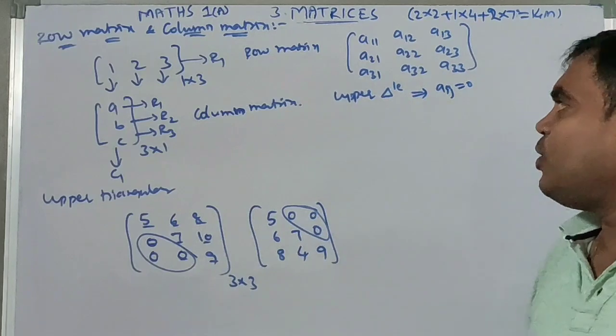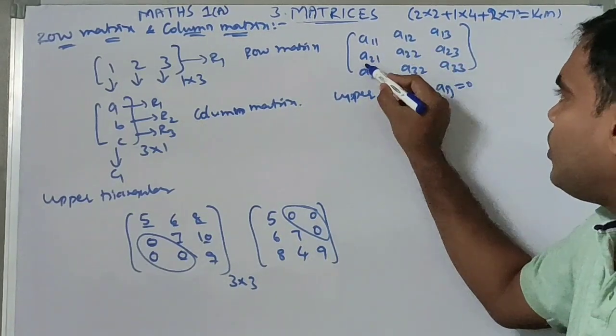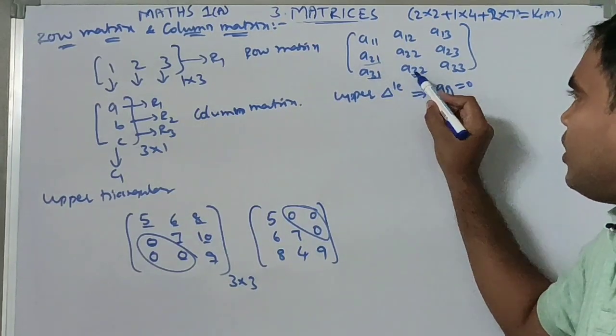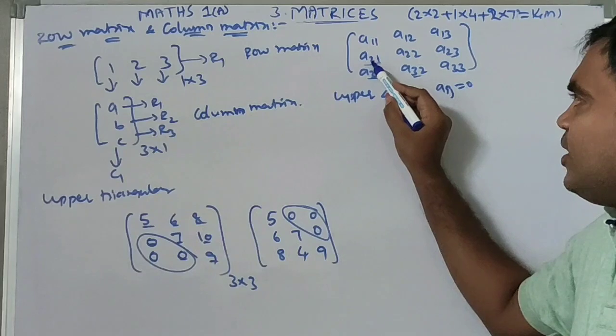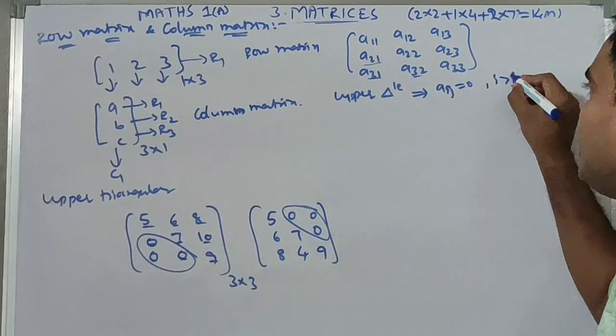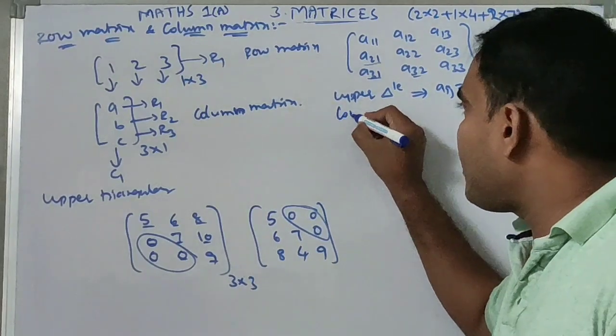Which elements should be 0? For upper triangular, the elements below the diagonal are 0: this one, this one, this one, that is 2,1; 3,1; 3,2. So if i is greater than j, this element is equal to 0. Next, lower triangular.